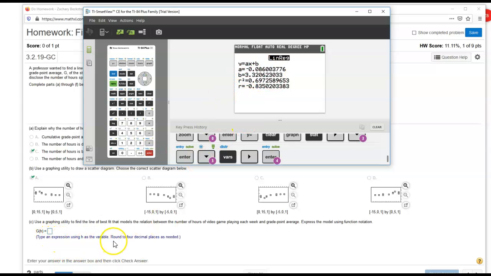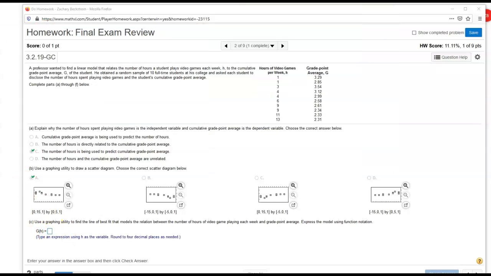It says use 4 decimal places as needed. So in this case, it's going to be A, which is this value right here, times X. They told us to use H as our variable. So AH plus B, which is this number right here, the 3.3206. So I'm going to put that in here.